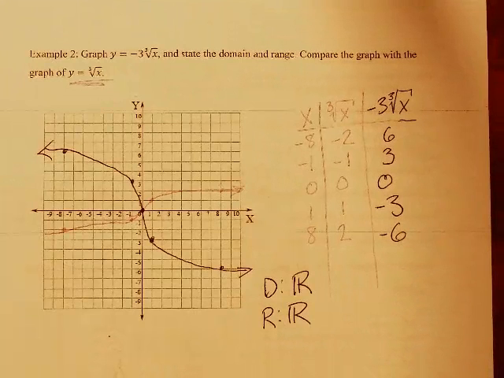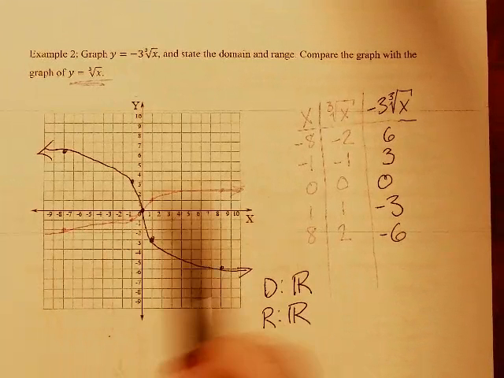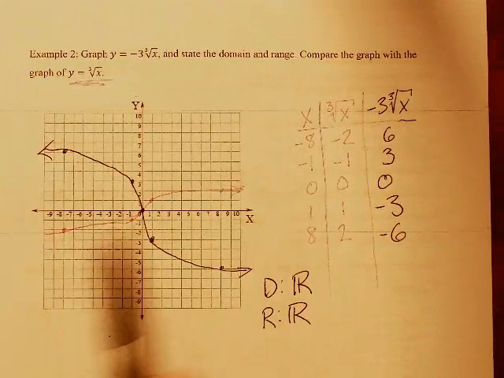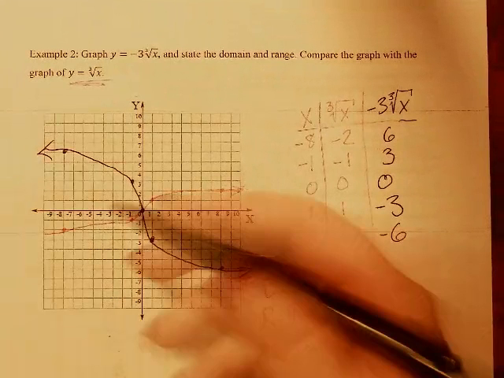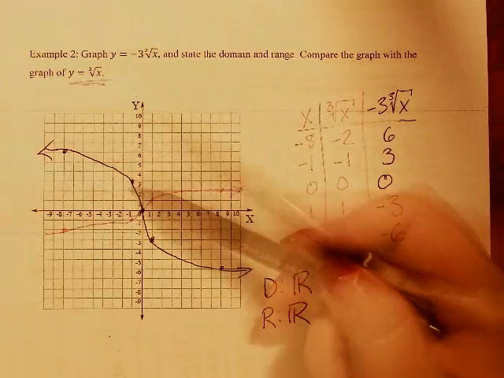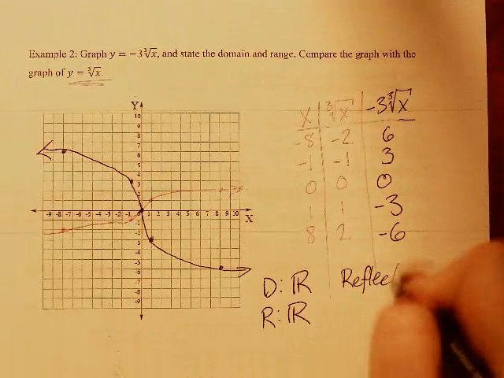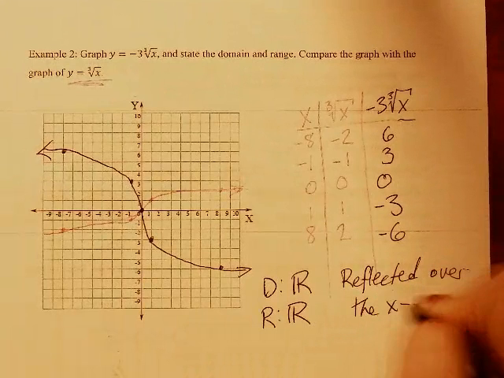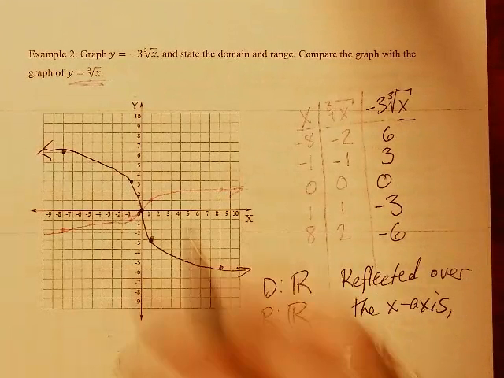Now, if we look at our original graph, it starts down here and goes up, and it's also a much smaller curve than this one. So, the first thing this one does is it's reflected over the x-axis, then it's vertically stretched.